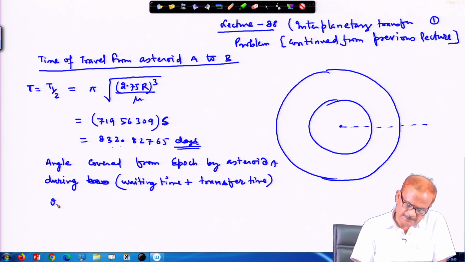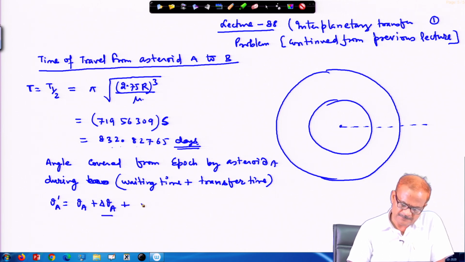So, this we can write as theta prime A. This will be theta A plus delta theta A. This is related to your wait time and plus transfer time.